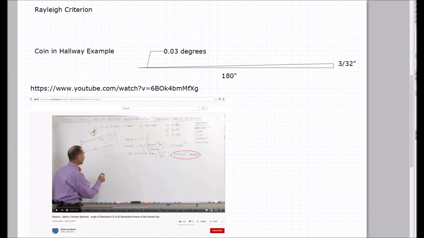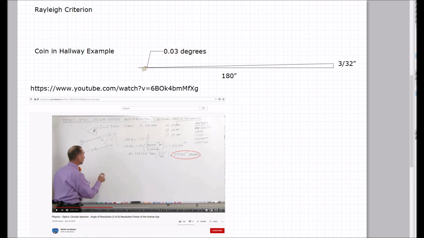But for the human eye, this nice video here explains how it works and what the answer is, the minimum angular size that a normal healthy human eye can perceive, and that number is 0.00874 degrees, which, as we can see, is considerably less than 0.03.